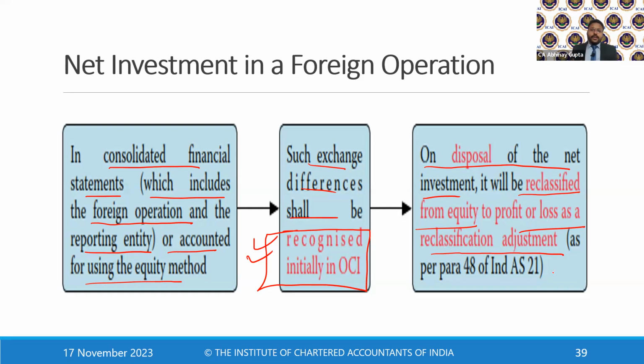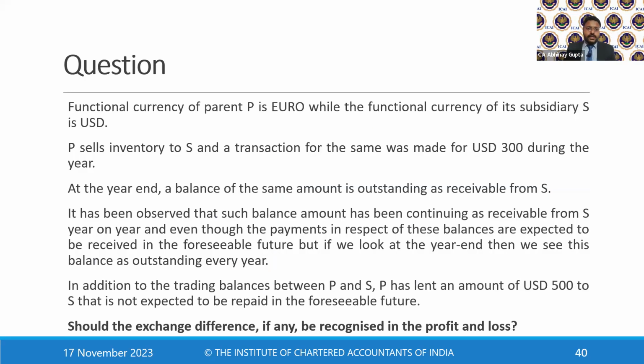So as and when the parent company disposes of its interest in the foreign operation, in that year, whatever accumulation is outstanding in this account, the foreign currency reserve account, will be reclassified from equity to the P&L in the year of disposal, right?